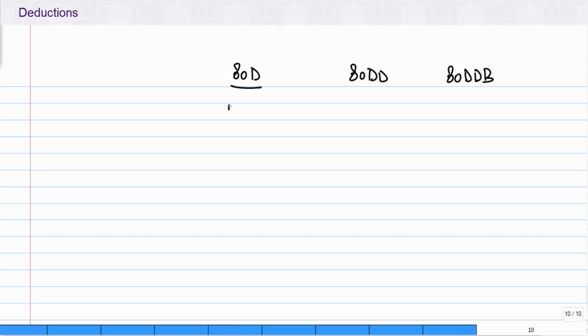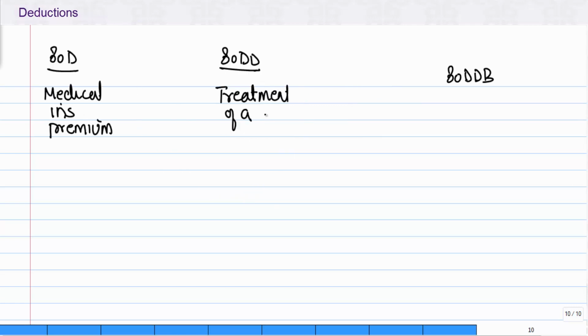Now, 80D is for medical insurance premium. 80DD is for treatment of a dependent of yours, a dependent who is suffering from a disability.